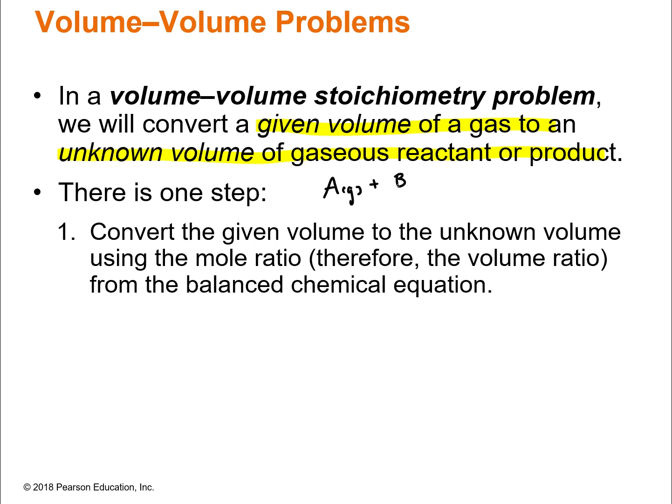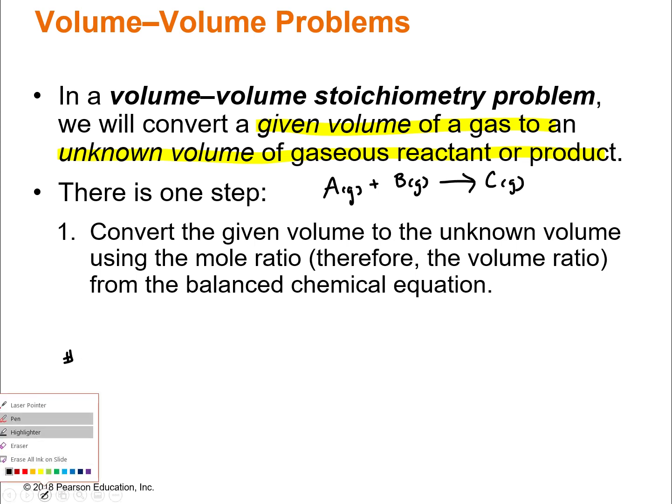So let's say that we're combining two gases to create some other gas. You take your volume, so your number of liters of A. Let's give it a number. You know I don't like abstract things.